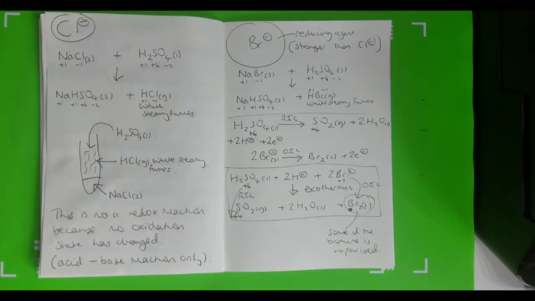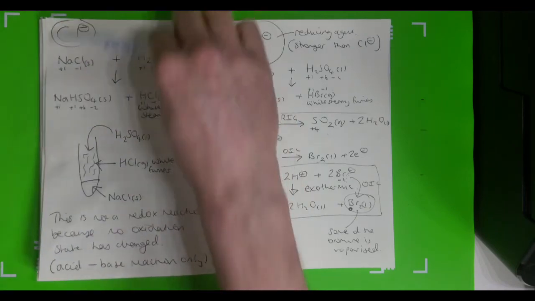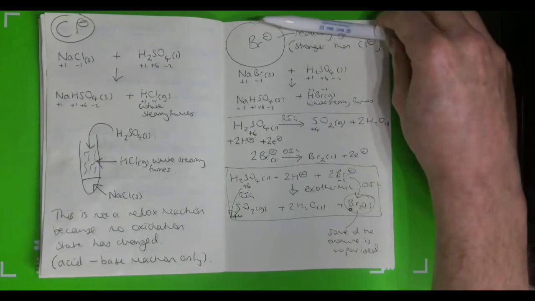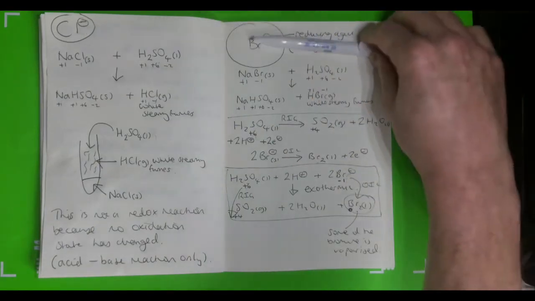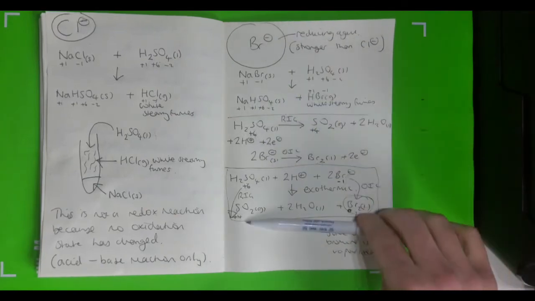So it's able to do that. It's able to reduce the sulfur in sulfuric acid. Okay, so we've done chloride, and we find that bromide is the same as chloride, apart from it does this extra reduction here.